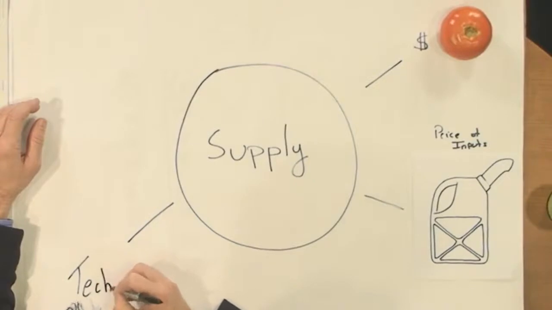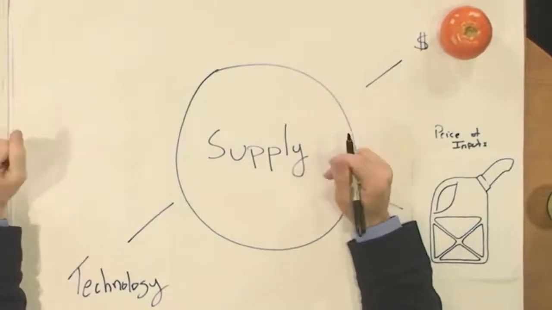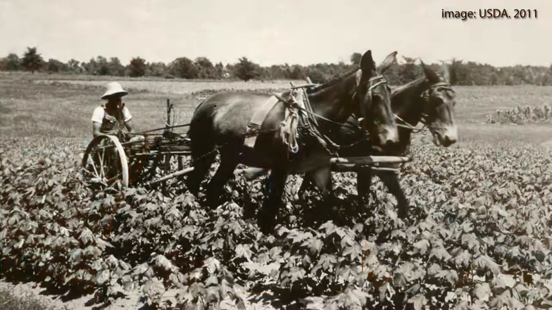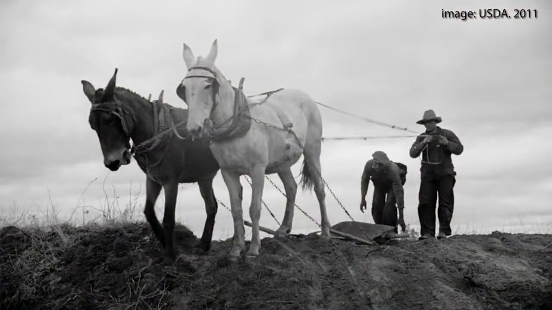Finally, the last thing that affects your supply of tomatoes is the technology you use to produce them. One easy example is a tractor. Probably 100 years ago, farmers were not mechanized and used mostly manual labor, perhaps with animals like bulls to plow the field.